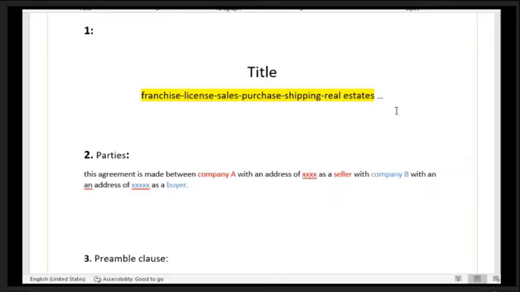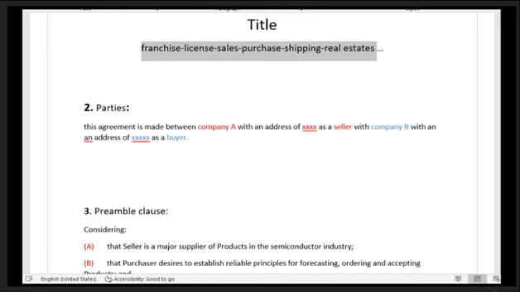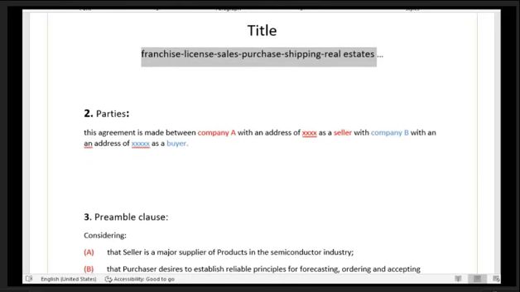Second part, the parties clause in a contract. A contract should contain a contractual parties clause defining each party entering into the agreement. You need complete identification data from each party.